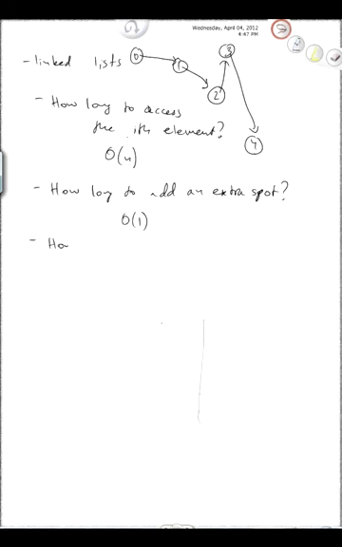So what about how long to check if 5 is in the list? Well, you just have to walk through the whole list to check if 5 is in there, and so that's why this takes O of n. And what if the list is sorted?